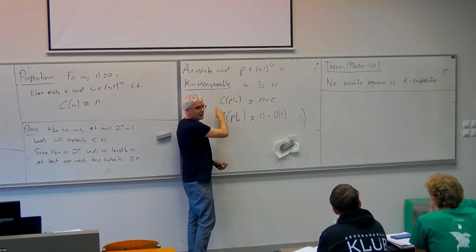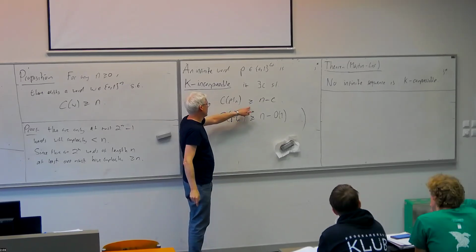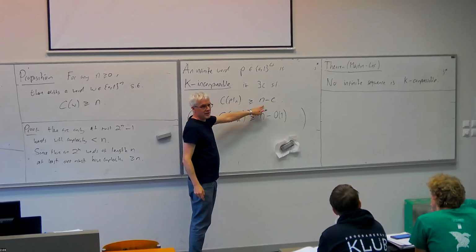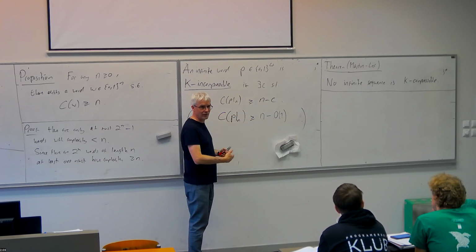If we take the prefix of length googol, so the first 10 to the 100 zeros, for it to be incompressible, it would need to have complexity close to a googol. But we can describe the sequence of the first googol zeros very concisely by the program that says compute googol, which has a short description, and then repeat googol many times, output a 0. So it has very low complexity.